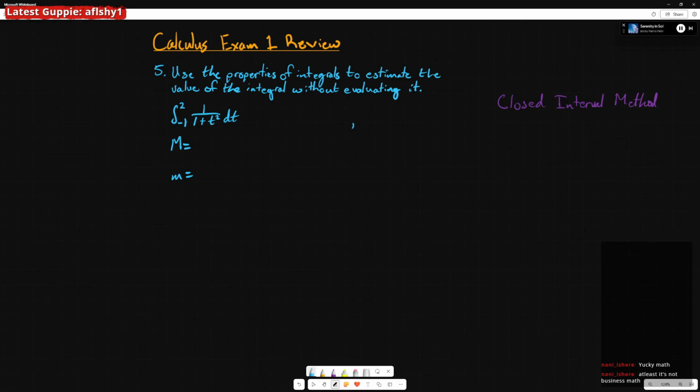So we're going to do f of t is equal to 1 over 1 plus t squared. And then we want to use f prime of t, because that'll give us our critical point.